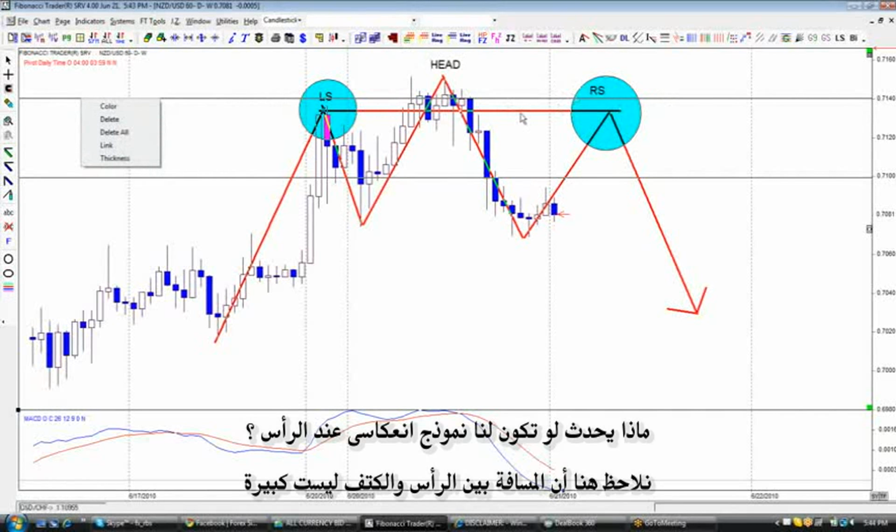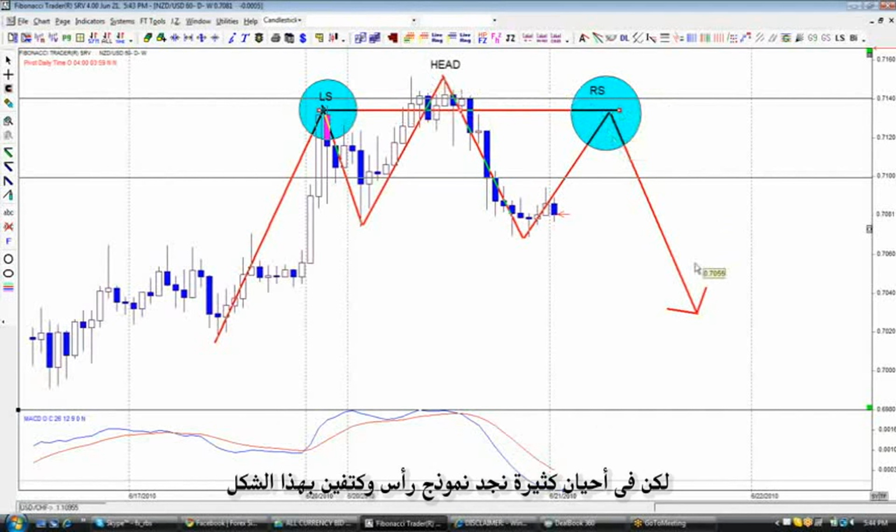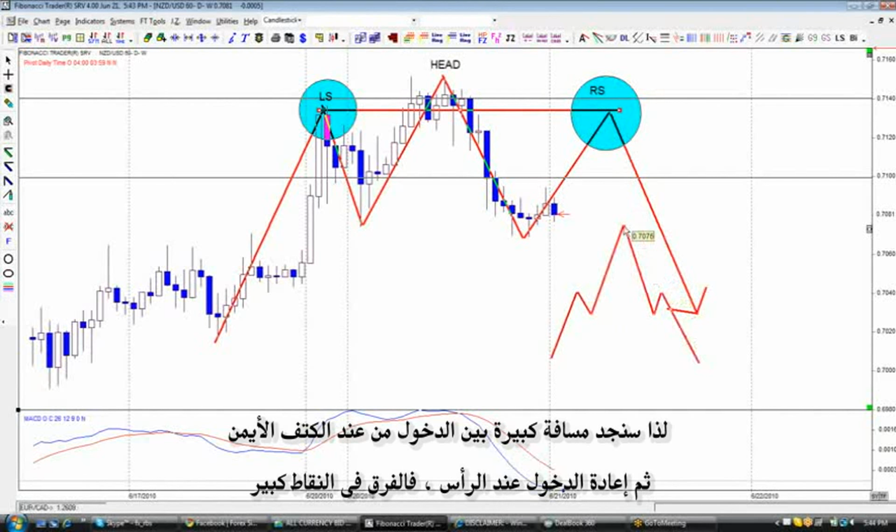And here right now, the difference between the right shoulder and the head is not too big, but a lot of times we'll see a head and shoulders that will be formed more like this, and it will make a lot of difference if we can actually enter one trade here and then a second one here. Will be a lot of pips ahead.